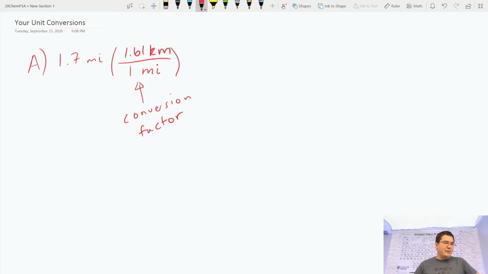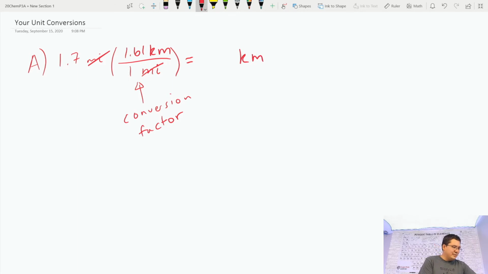And when you multiply that 1.7 miles by that unit conversion, because miles is in the numerator of the 1.7 and in the denominator of that 1.61, they cancel, meaning my answer is going to retain the only units that are left, which are kilometers.